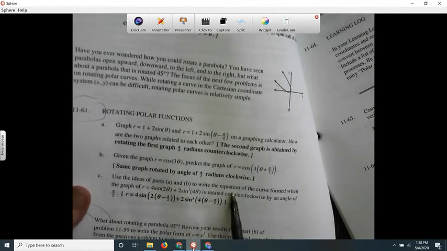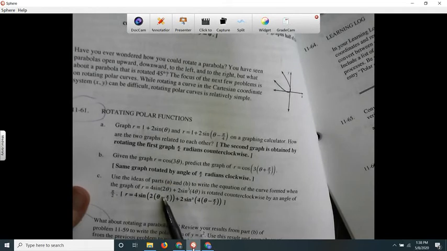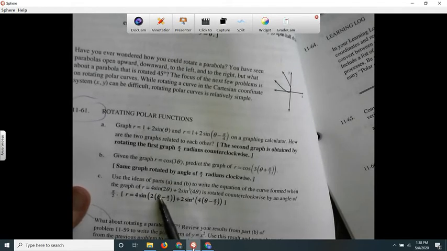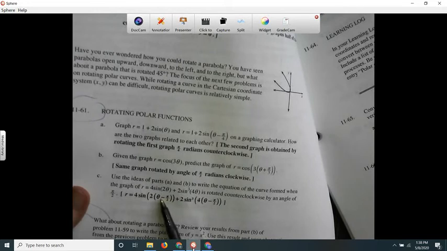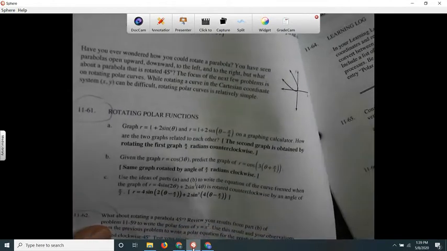So counterclockwise, I think I want it to be minus pi over 2. So just plug in the minus pi over 2 there, like replace theta with theta minus pi over 2. Okay, and that's true. So let's do the very last problem.